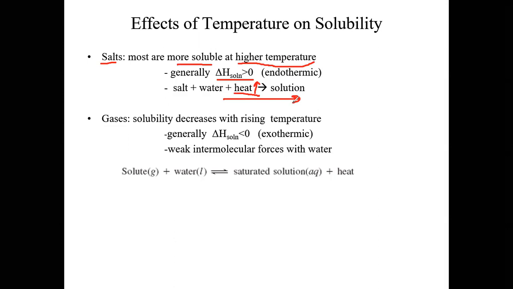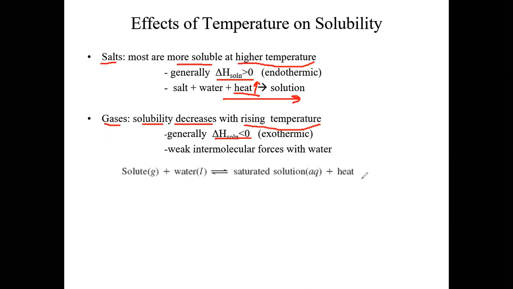Now gases are a little bit different. With gases, solubility decreases with rising temperature. That's because when you dissolve a gas in water, it's exothermic, meaning it releases heat. That's because the intermolecular forces within the gas molecules are weaker than the solute-solvent interactions.